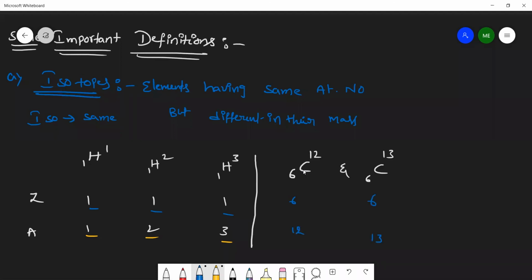Then nitrogen, N7 14 and N7 15. The atomic number is equal, the mass is 14 and 15. So these two are isotopes: same atomic number but different in mass.